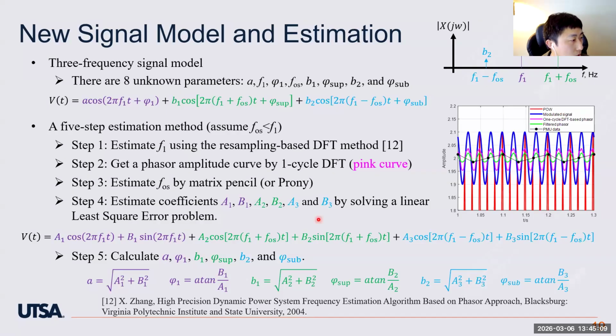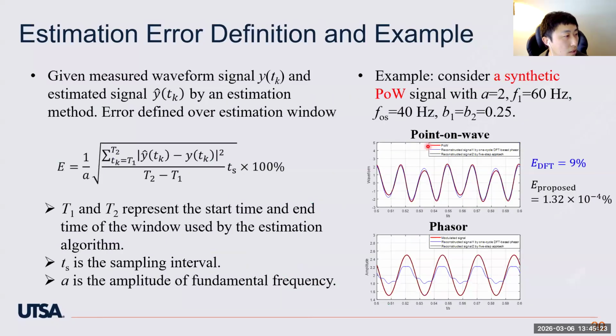Basically, this 5-step estimation method can reliably estimate those 8 parameters, and then we can compare with the original waveforms and define an error expression. The error is defined as the sum of squared point-wise error averaged over a time window, normalized by the amplitude of the fundamental frequency and expressed as a percentage.